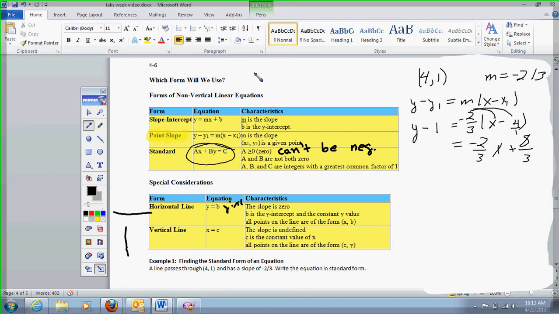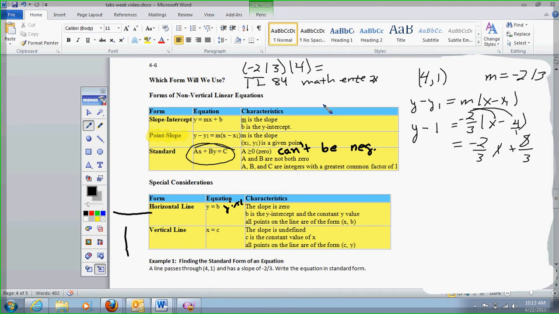Something you could do in your calculator is negative 2/3 times negative 4, and that would give you a decimal. To turn that decimal into a fraction on your TI-84 or 83, you would hit Math and Enter twice.